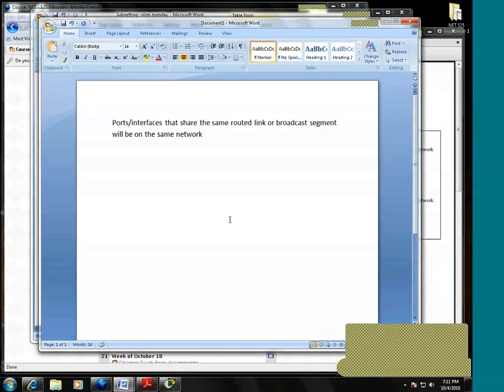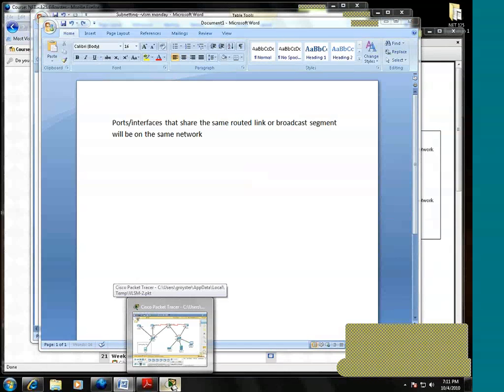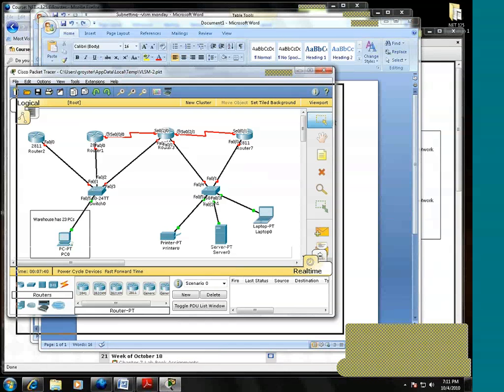If it shares a broadcast segment, it's on the same network, same local area network. We'll come back. All right. Let's see if we can position that.